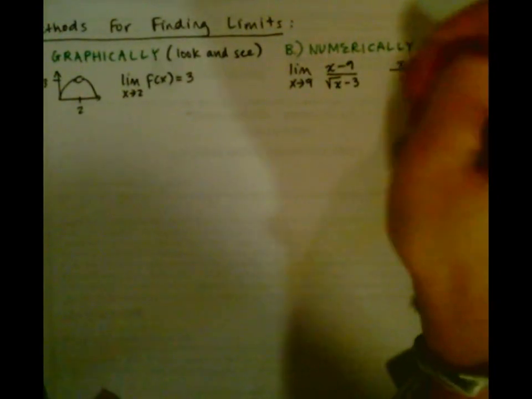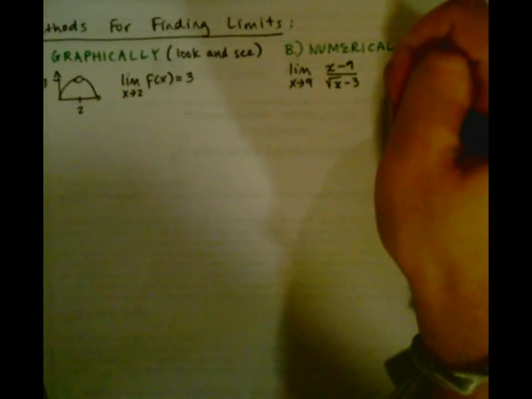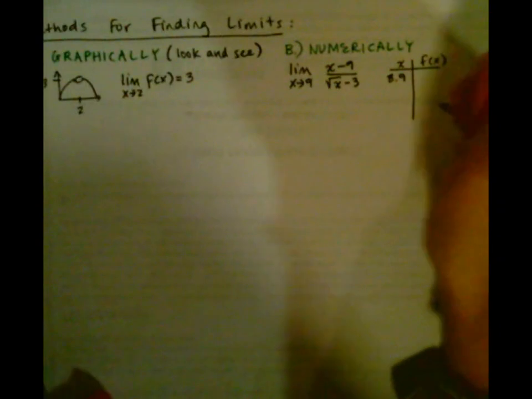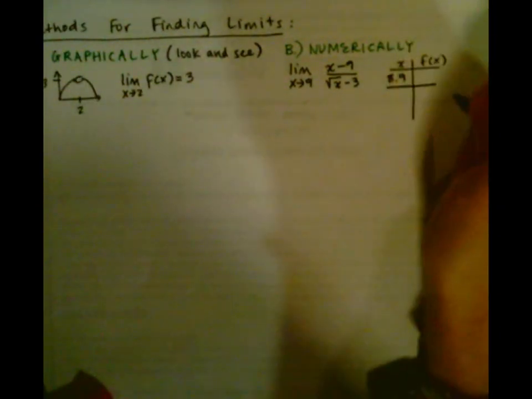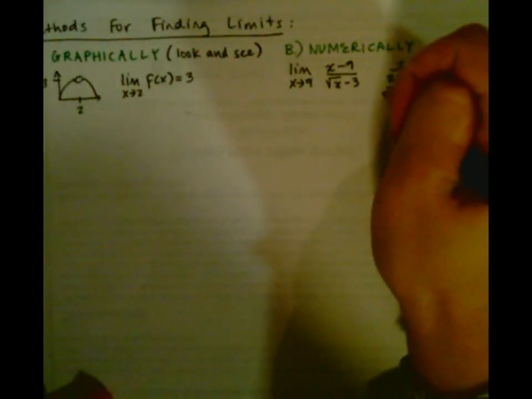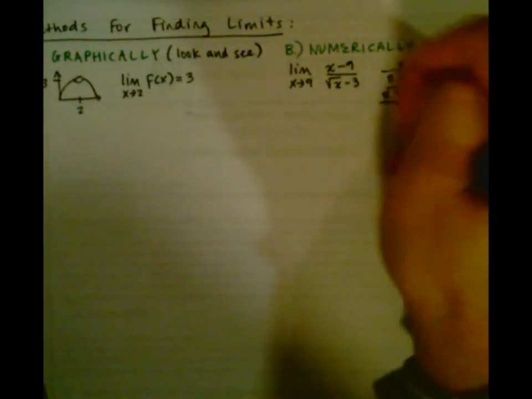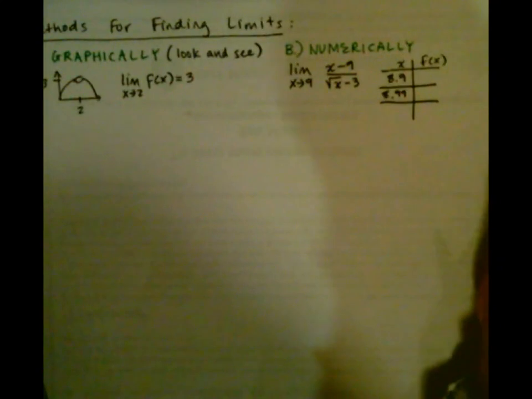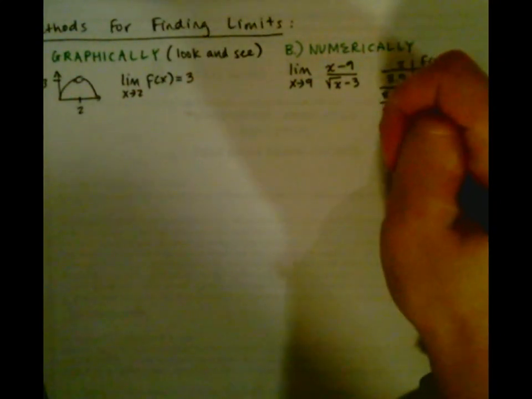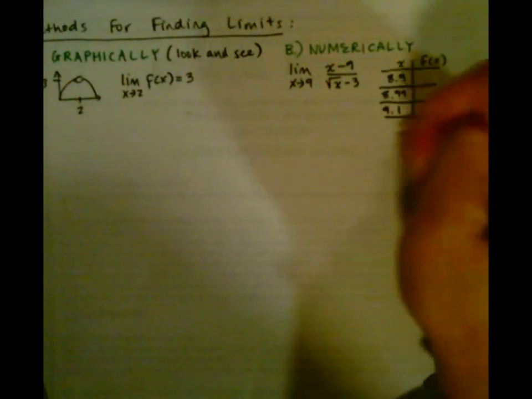I want to do it on both sides because remember your left and your right hand limits need to match. So I could try 8.9, 8.99. That's coming from the negative side of 9. And then I also want to cover some points on the positive side of 9, like 9.1 and 9.01.